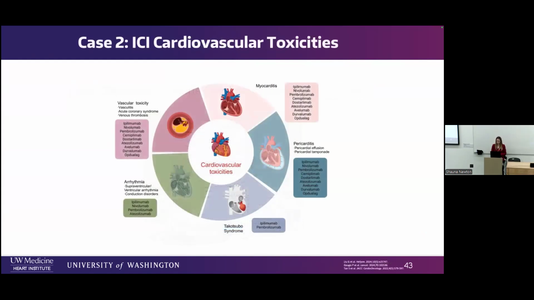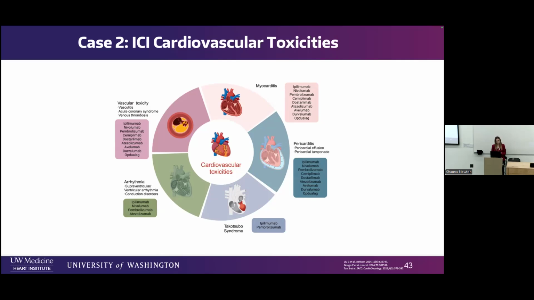And so I wanted to talk just a little bit about immune checkpoint inhibitors. They're becoming more common and used to treat a lot of malignancies. There are a large number of immune checkpoint inhibitors available for treatment of malignancies. The most common I'm familiar with are pembrolizumab and nivolumab. What these drugs do is help activate the immune system.